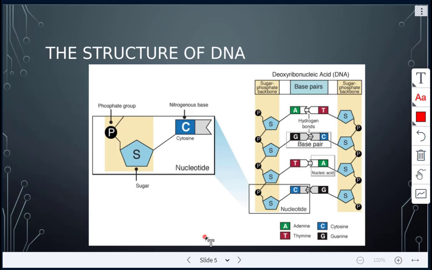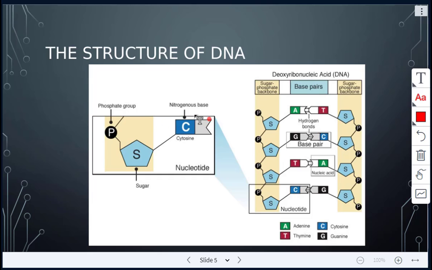All right, so here is the phosphate and the sugar, which makes up the sides. Okay, and then the rungs of the ladder here are those base pairs, or those nitrogen bases, the A and the T, the G and the C. And then if we were talking about one nucleotide shown here in this rectangle, it is made up of one phosphate, one sugar, and then one nitrogen base.